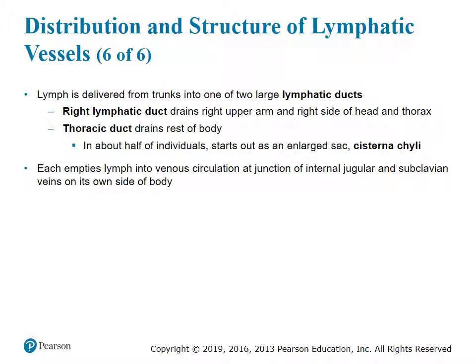So all those big trunks basically feed into two main big trunks, and we call those two trunks ducts. So there's two main ones of the body, right? The right lymphatic duct collects the fluid from all the vessels on the right upper arm and the right side of the head and the thorax.